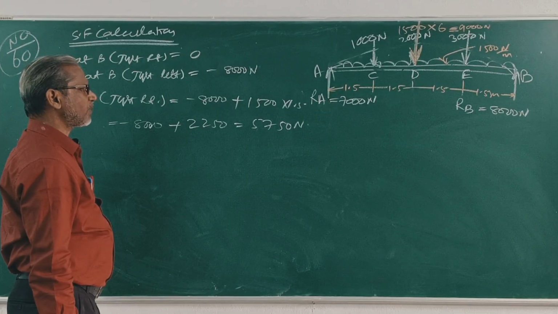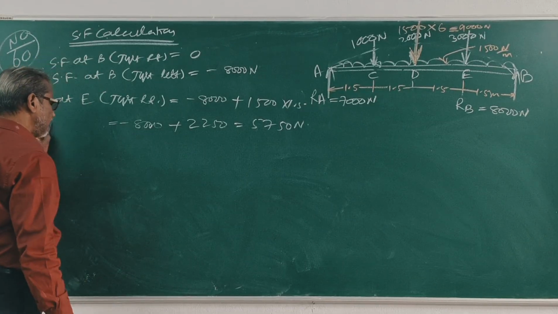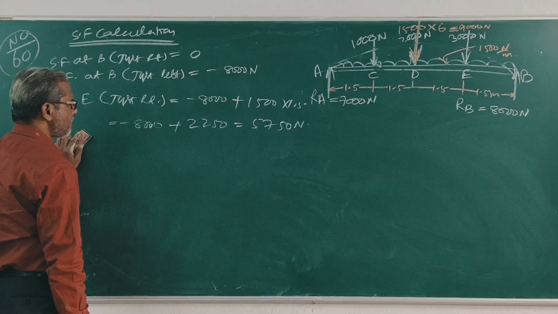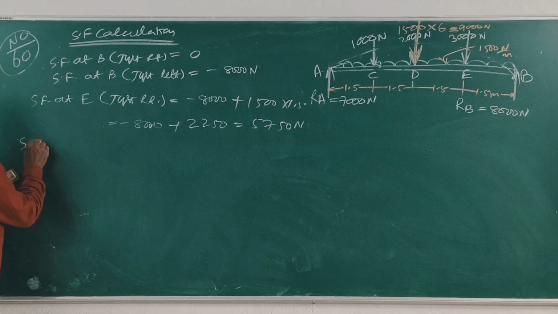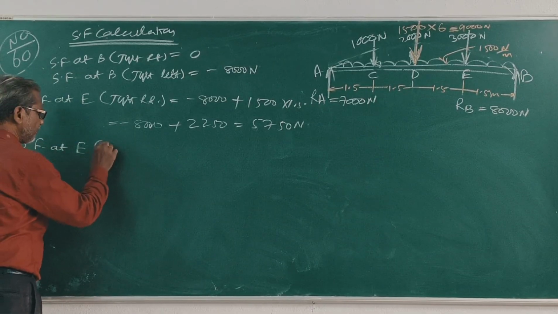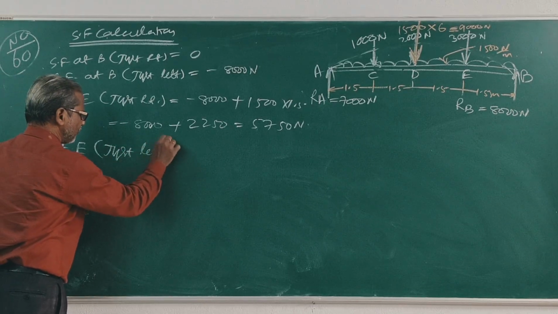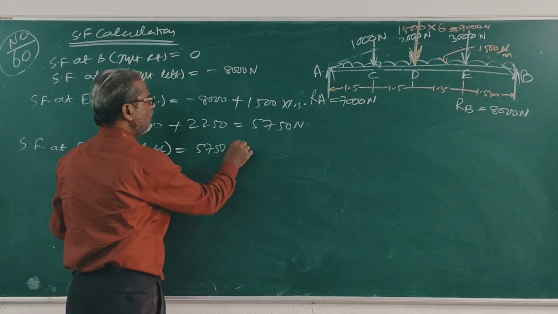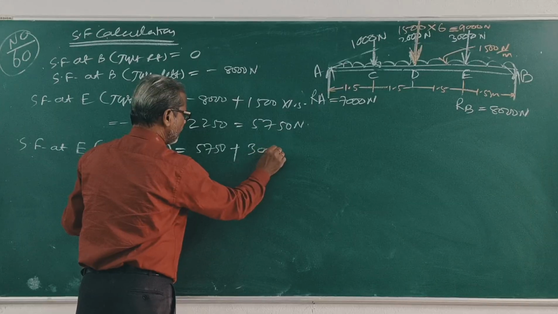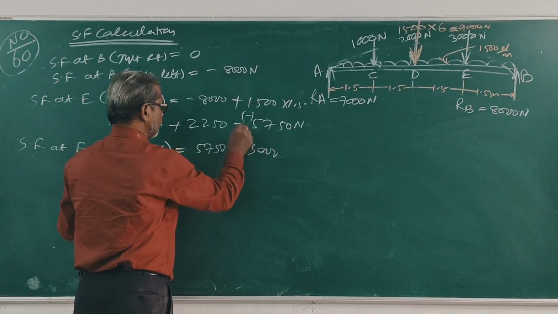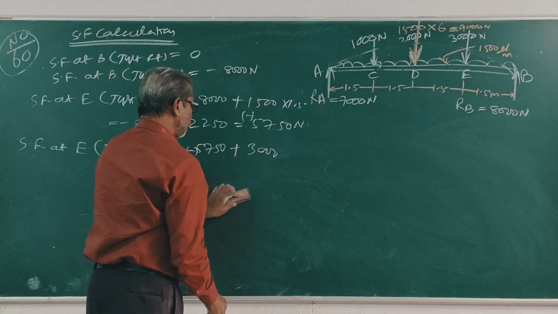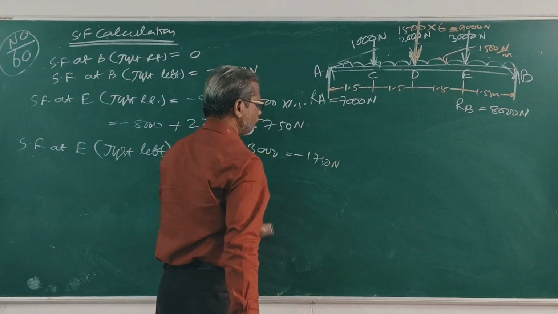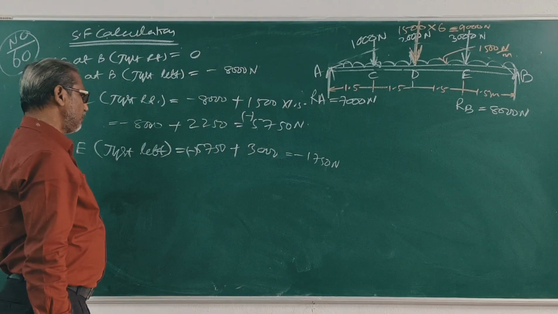At E the load is 3,000 Newton. Shear force at E just left is minus 5750 plus 3,000, which is minus 2750 Newton.